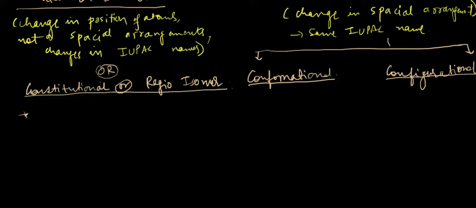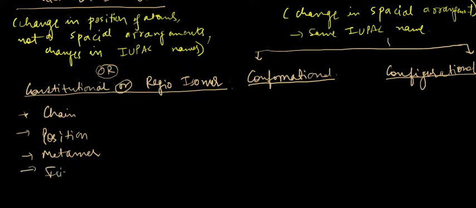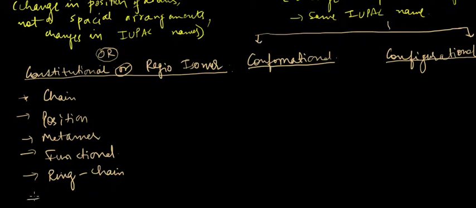So to start off with, first is chain isomer, second is position isomer, third is metamer, fourth is functional isomer, ring chain isomer, and finally we have tautomerism or tautomer.